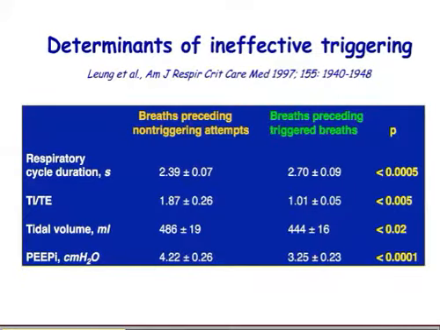And why is that? Well, it was shown almost 15 years ago in a study which showed comparable results, meaning that if you increase the level of pressure support, there is an increase in the level of ineffective efforts. And the authors of that study looked at the difference between those breaths that preceded non-triggering attempts and those that preceded triggered attempts.